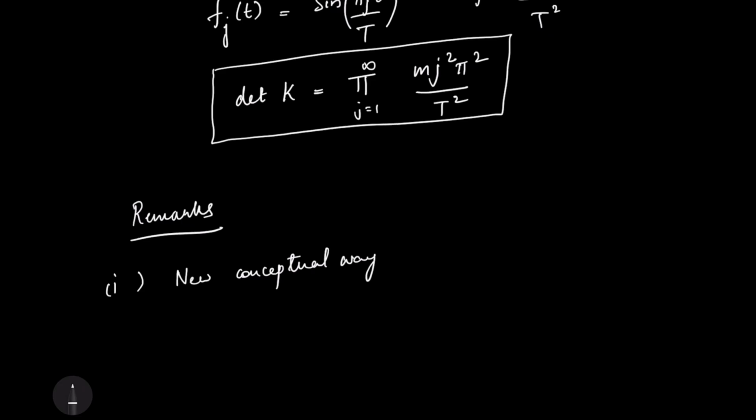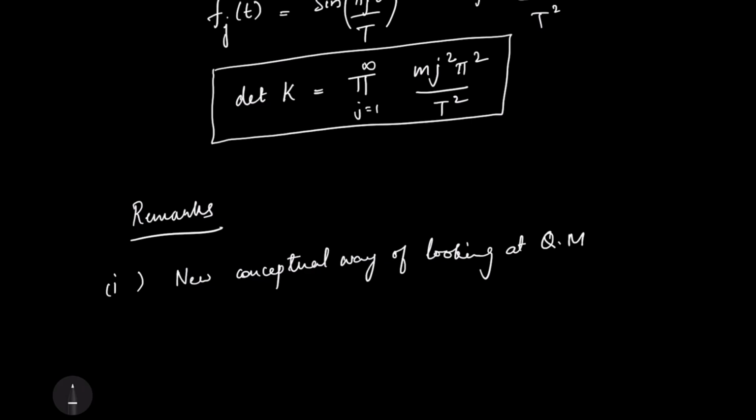So this is a new conceptual way of looking at quantum mechanics. Just like the Schrodinger equation or the Heisenberg picture or the interaction picture, path integrals are a new conceptual way to think about quantum mechanics.